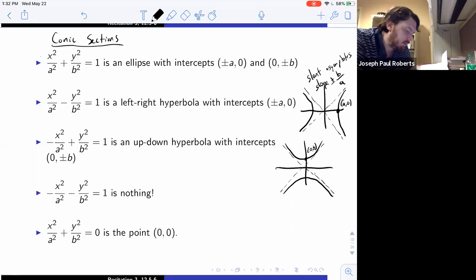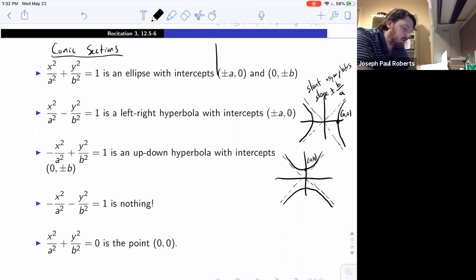Okay, and then finally, the other weird cases are, for example, when you have minus x squared over a squared minus y squared over b squared equals 1. Well, remember, again, we don't do complex numbers, so there's no way anything squared could be negative.